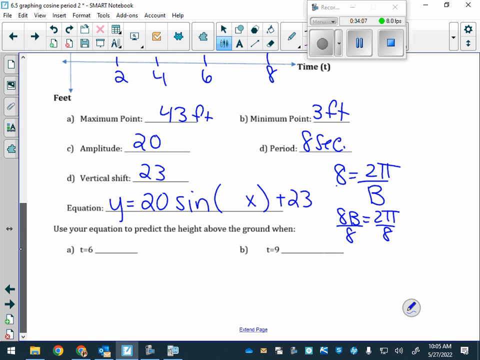So good job with the 1/4, right? Keep in mind though, and I'm actually really glad that that came up, is because our period is a numerical value. So the b value must be radians. Does that make sense, everybody? Okay. So the b is pi over 4. Okay. That is your equation.